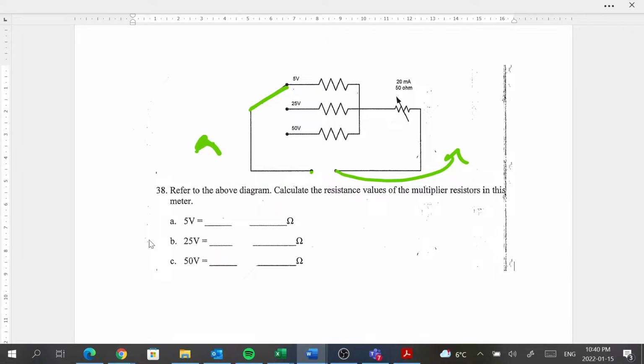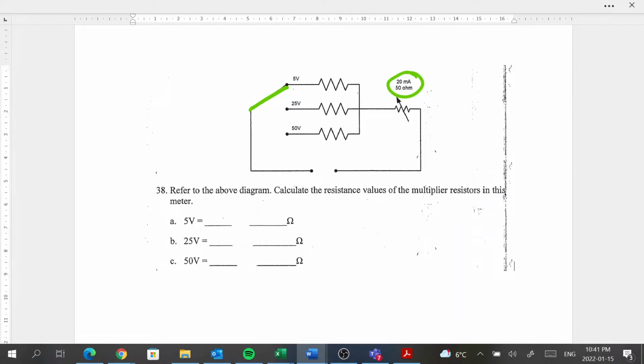All right, so at this resistor here, this rheostat, this is a variable resistor, but right now, currently, it's set at 20 milliamps and 50 ohms.